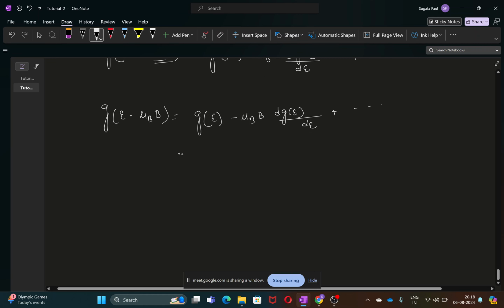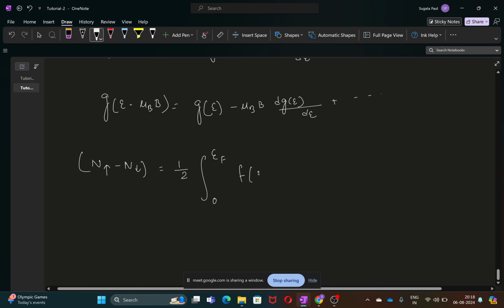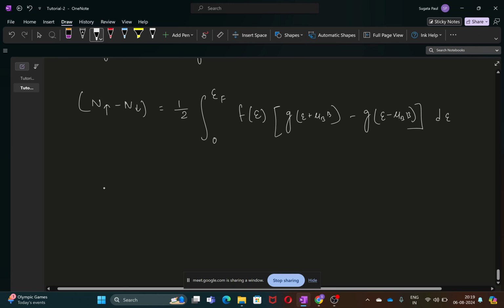If this happens, then the integration will be easier. n up minus n down equals half, integration limit from 0 to EF. f(E) is a common factor in both of them, so take f(E) as common. Then g(E + μB·B) minus g(E - μB·B), into dE.